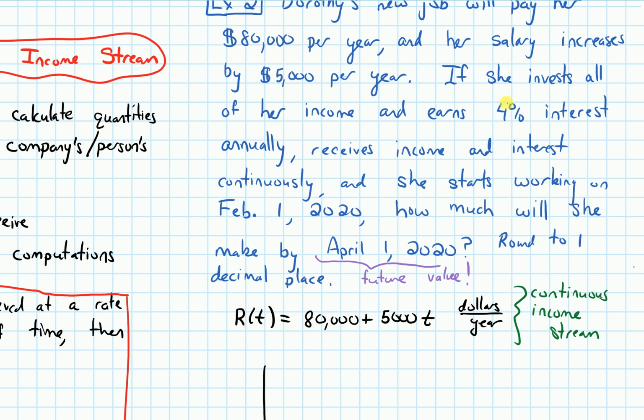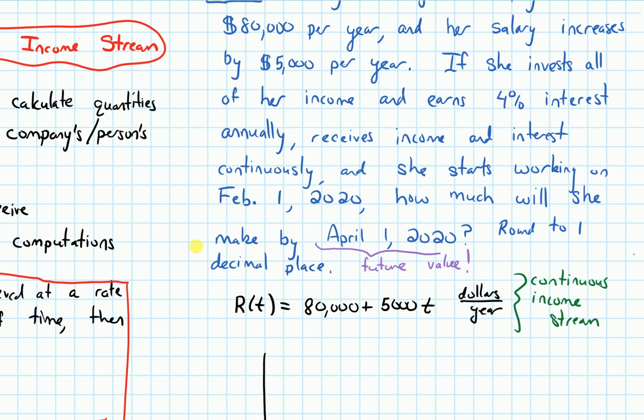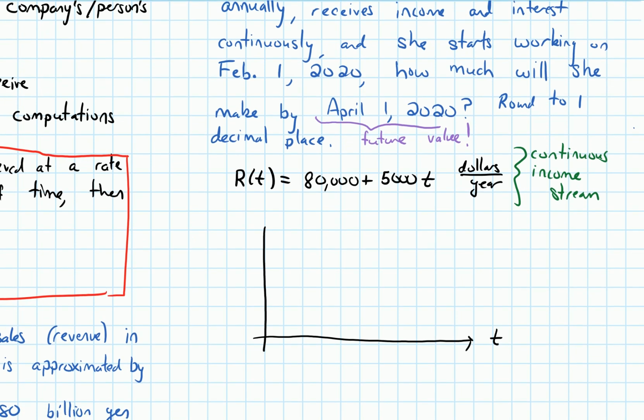Even the interest rate says annually. So I'm going to say that this is in years. And the other axis will represent the amount in her account at time t.